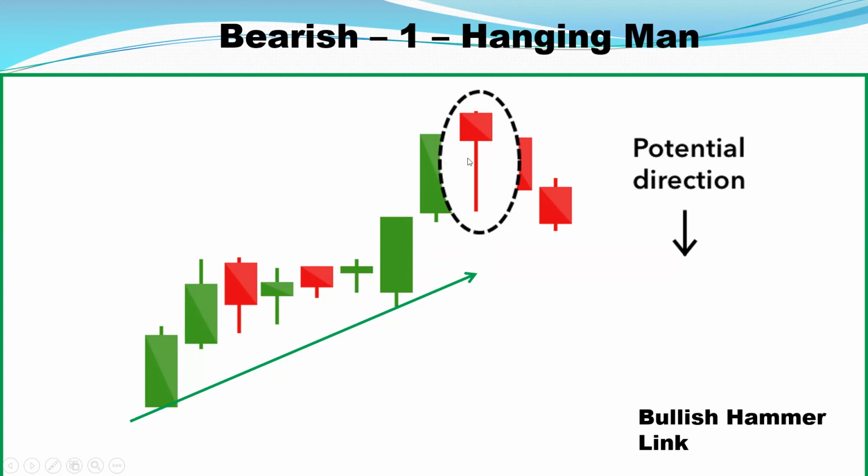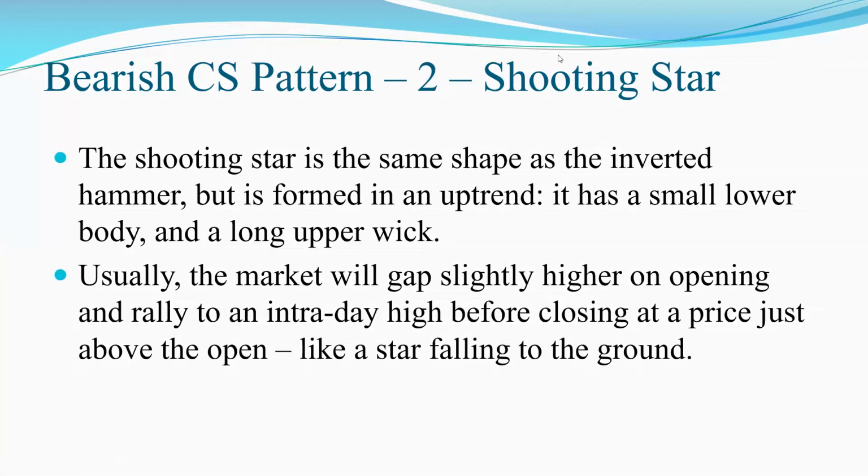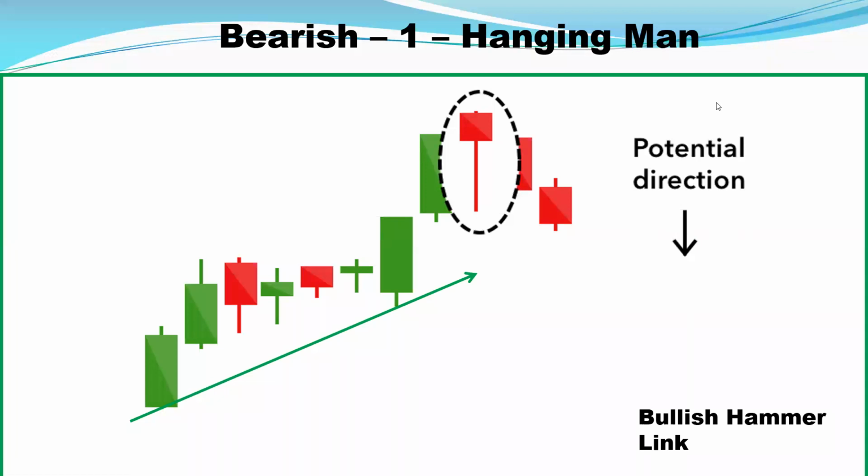So since this formed at the top, what potential direction will I get? It will come down. The stock will come down. Why will it come down? Because where did this stock open? Here. Open was here. Then people started selling.